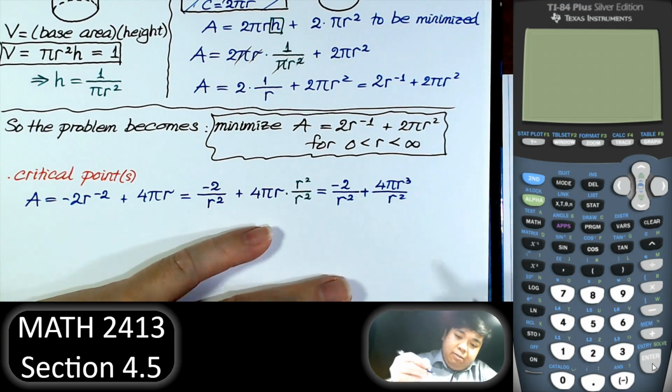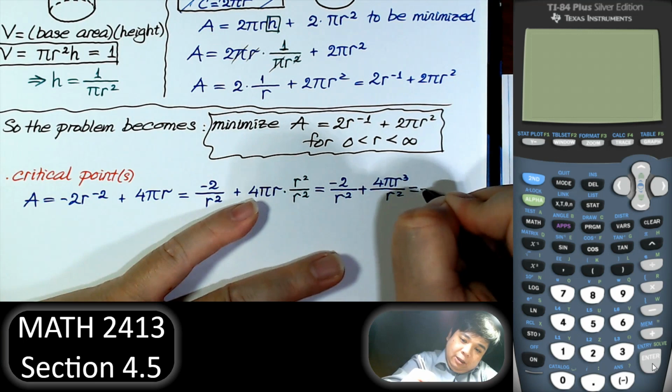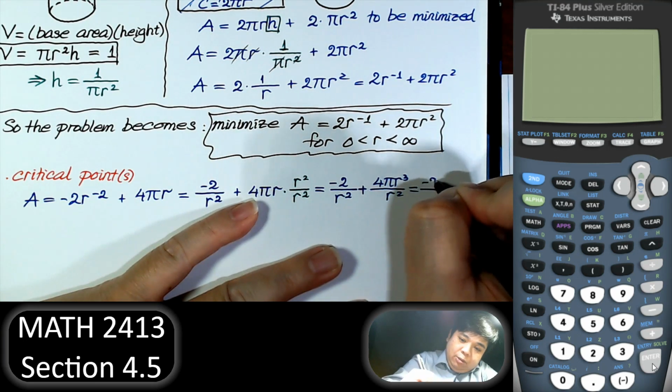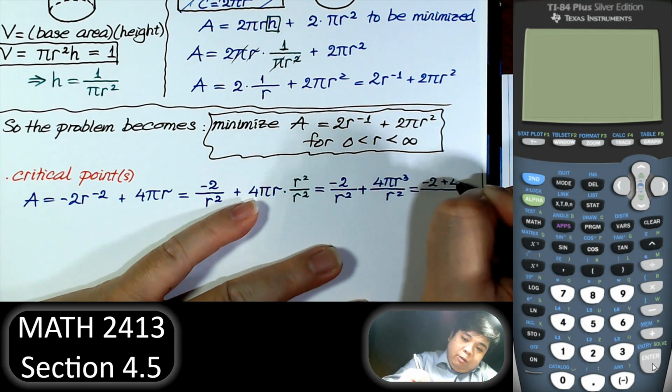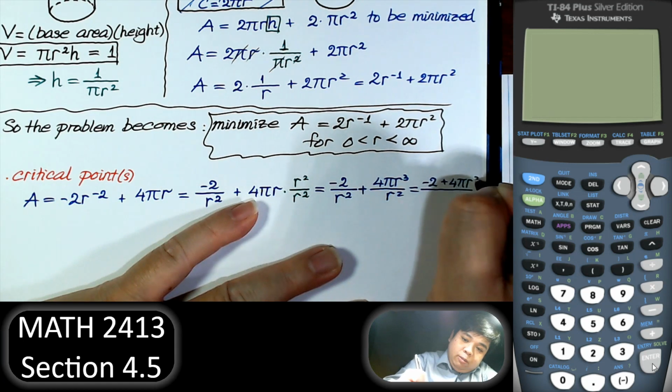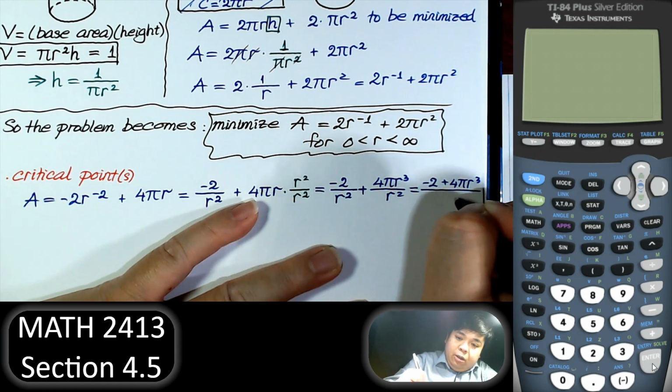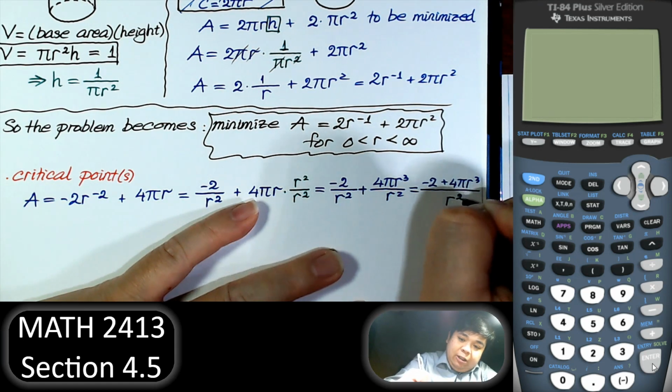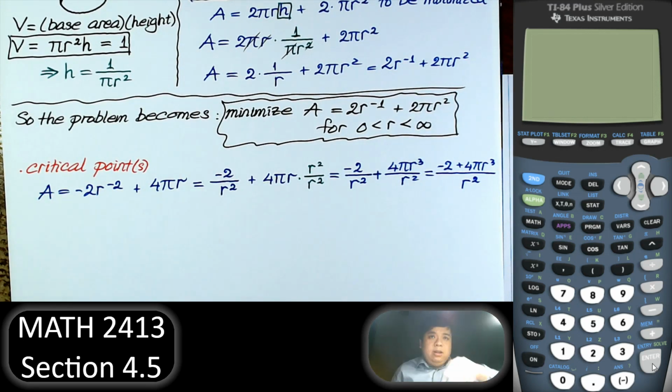Now let's combine them. Negative 2 plus 4 pi r cubed over r squared. Right, so we have the derivative.